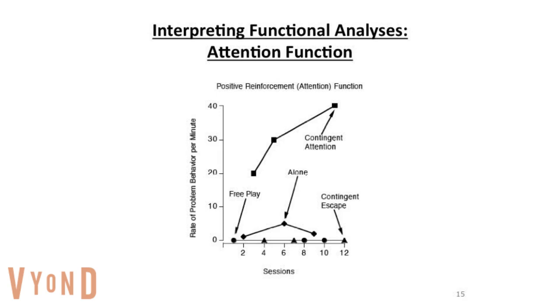So when you're interpreting the results of this functional analysis, you see that there is a high rate of the behavior during the contingent attention condition. So this would tell us that attention is a function of this behavior.